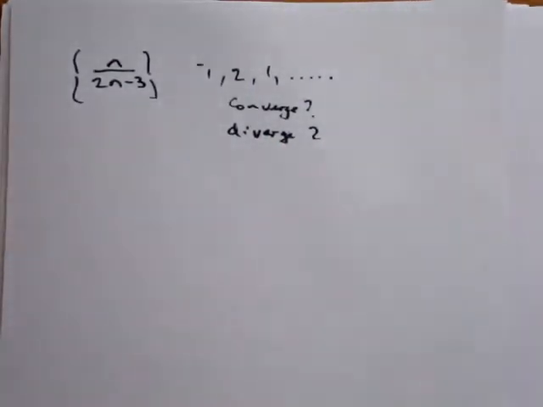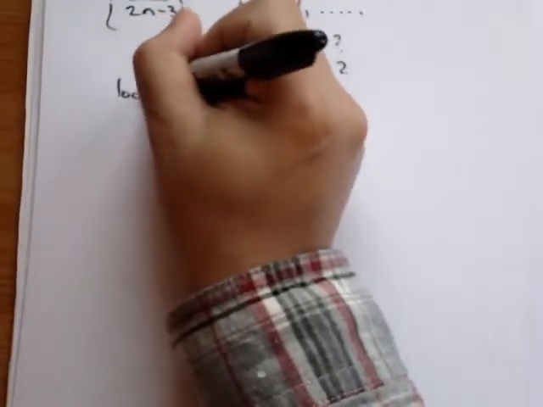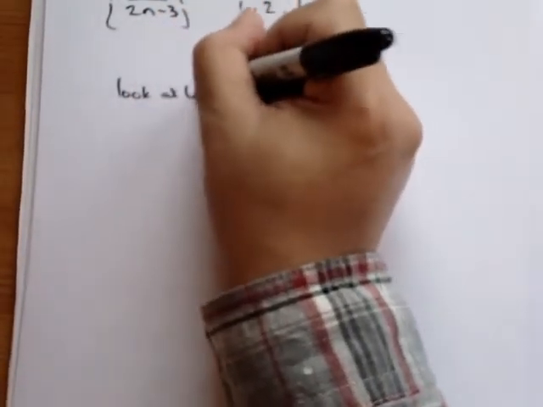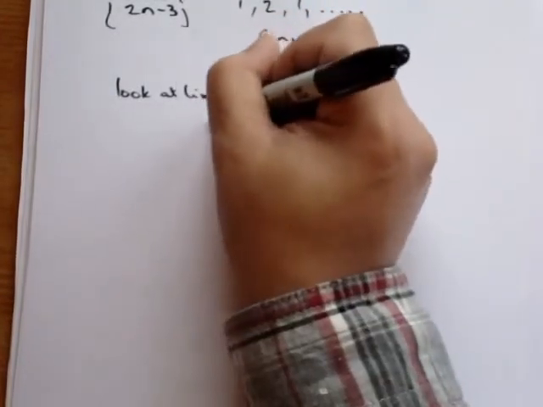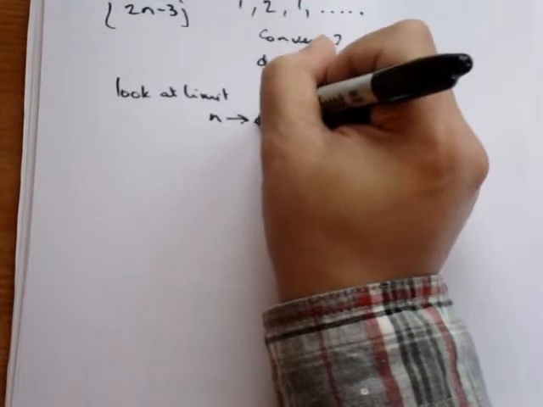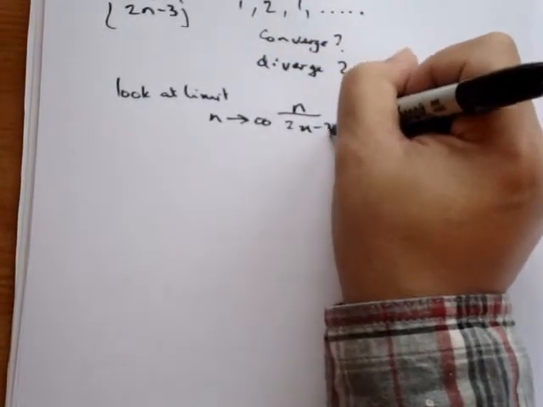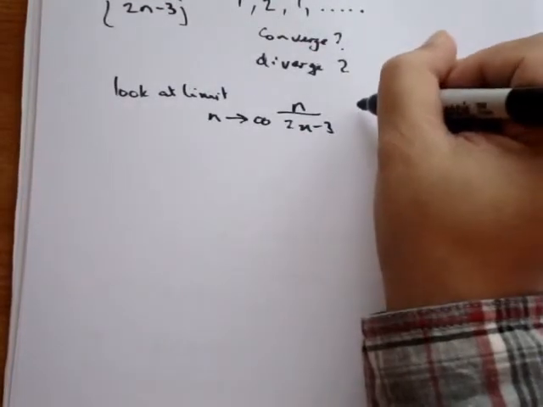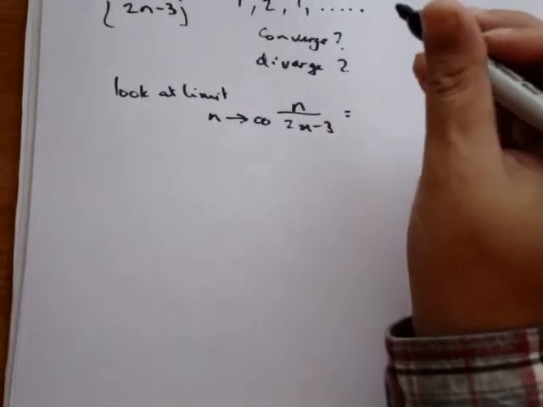So we look at the limit as n approaches infinity of n over 2n minus 3. And then we see the ratio of the coefficients is 1/2.